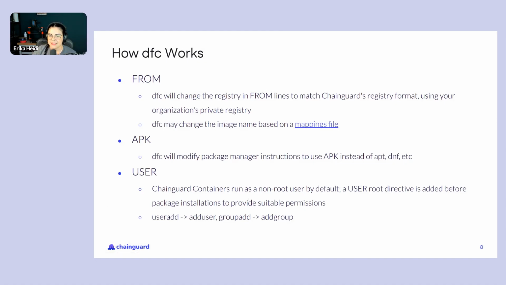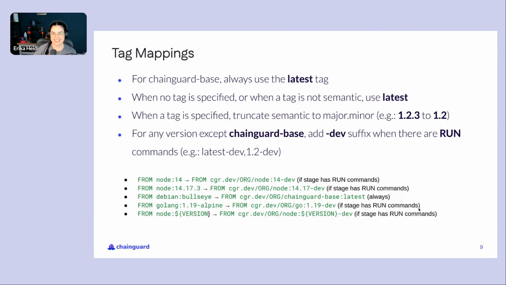So the next, yes, let's talk about tag mappings. For Chainguard base, we always use the latest tag because Chainguard base is a base image and it already has a shell and the package manager by default. So it's different from other images that have variants.